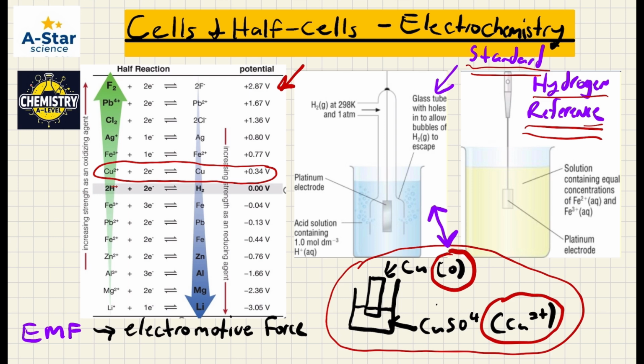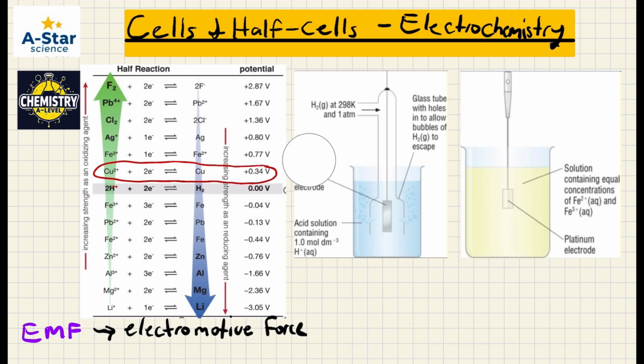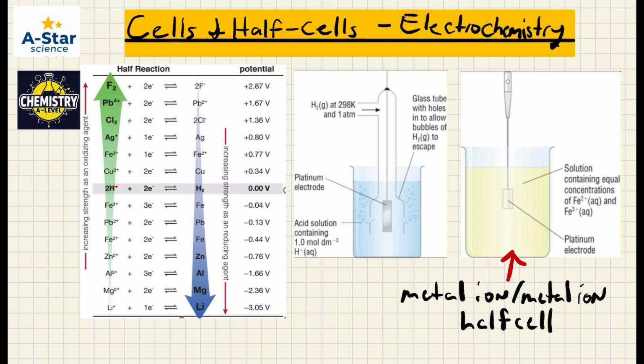There's one more half cell that we want to talk about, and that is the one on the right, which is still a metal ion half cell. However, you see this one is a bit unique because there's no solid metal.